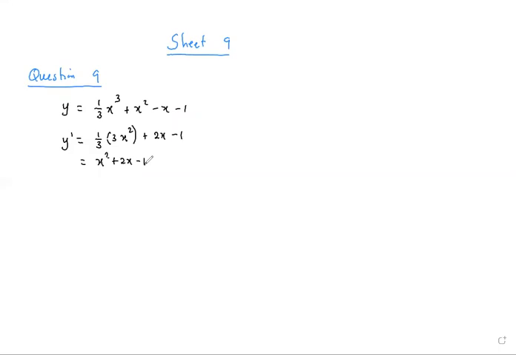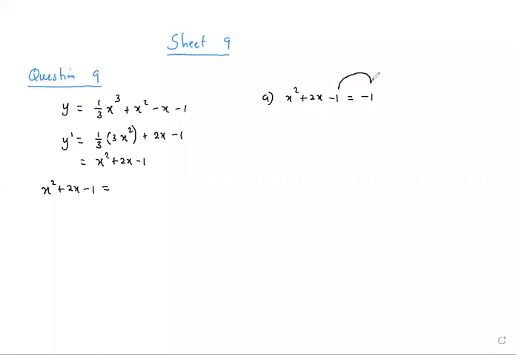Okay, so since the slope is given, we equate this first derivative, which is the slope equation, the gradient equation, to, in the case of A, the slope given as -1. So we have x squared plus 2x minus 1 is equal to -1.